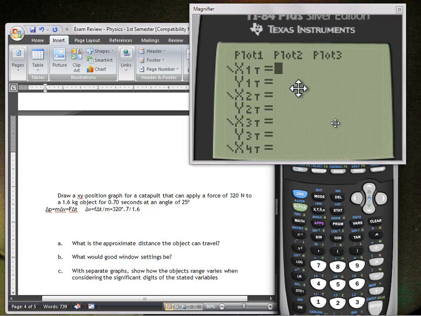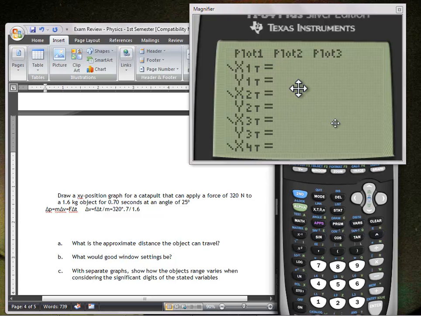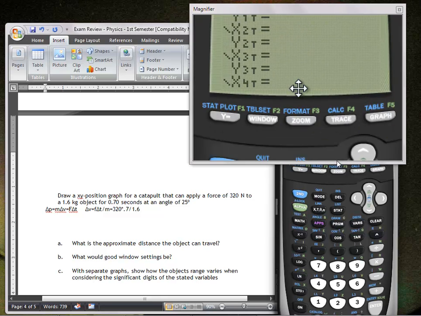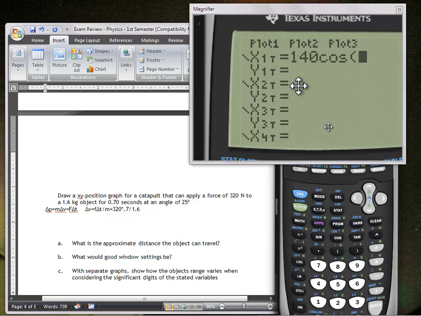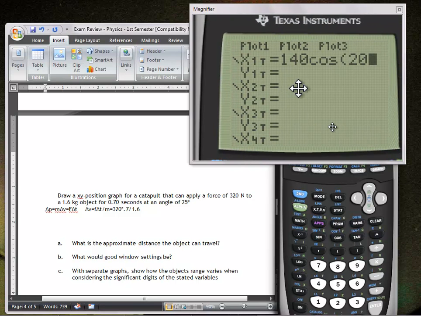So we got the y equals button, and for the x equals equation, we're going to type in our velocity of 140 times the cosine of 25 degrees. And then for y equals, oops, I need a t. It's an important fact. Let's try this again. There we go.